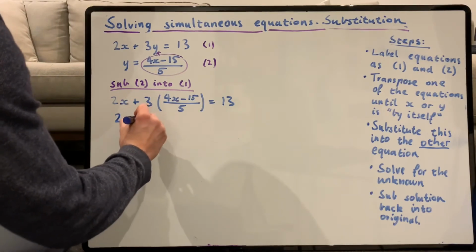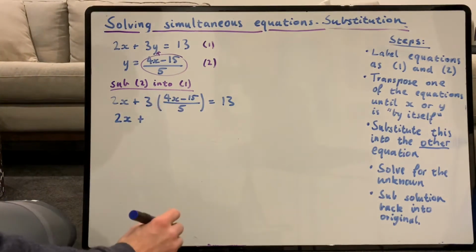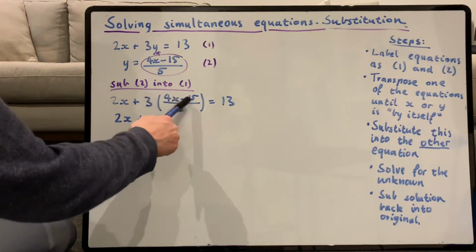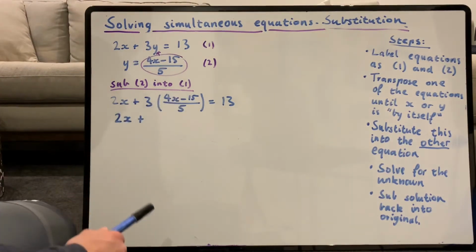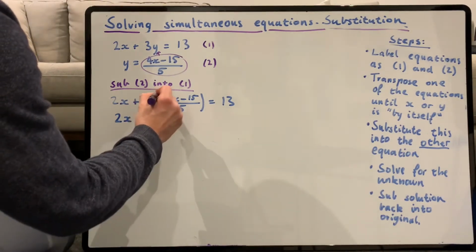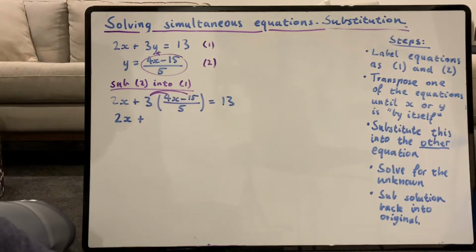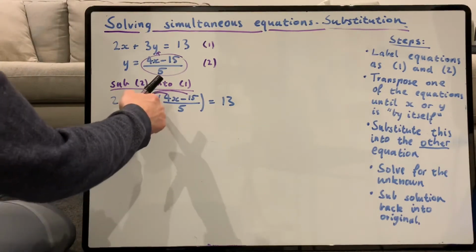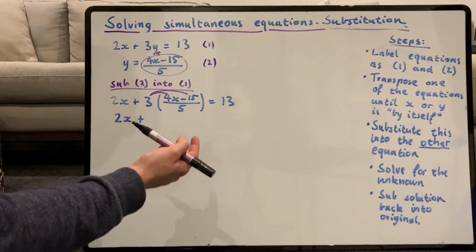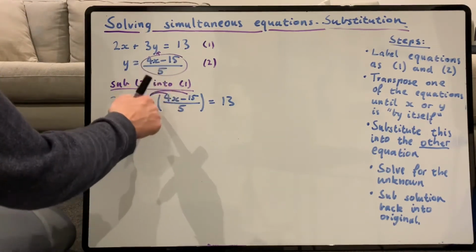2x plus, now how does this 3 distribute across? Well, 3 multiplies here and here. Why is that? It's because 3 is 3 over 1, and when you multiply fractions by fractions, it's top times top and bottom times bottom.